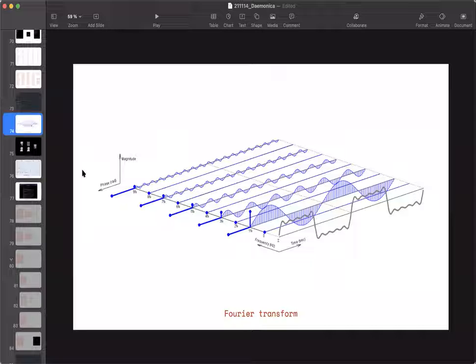So if that signal is the squiggly square-like gray wave on the far right of this diagram, you can break it down into an infinite series of smooth sinusoidal waves that, if you tweak each one in terms of the amplitude, the power of the wave, and the frequency, how long the wavelength is, and add them all together, you can get any shaped wave.